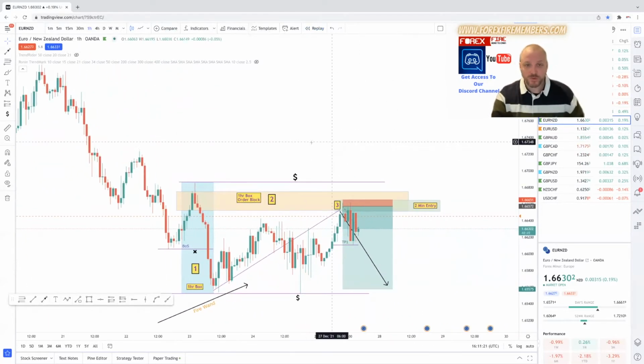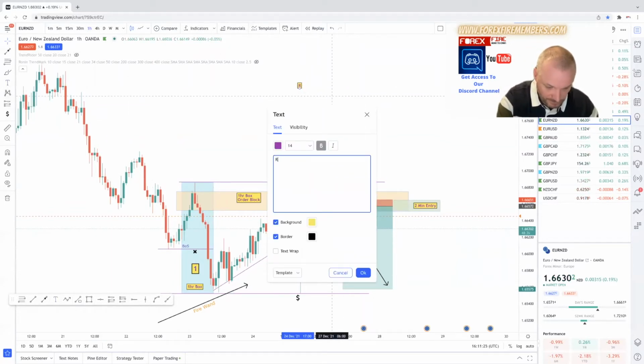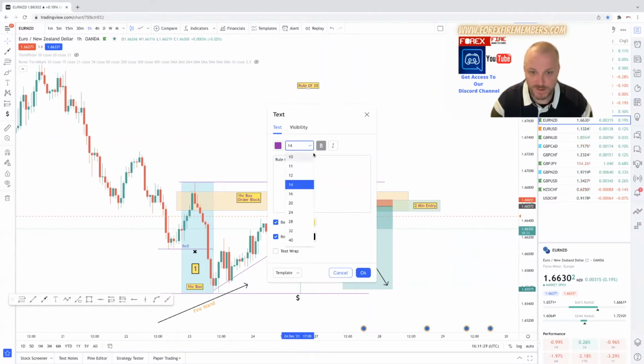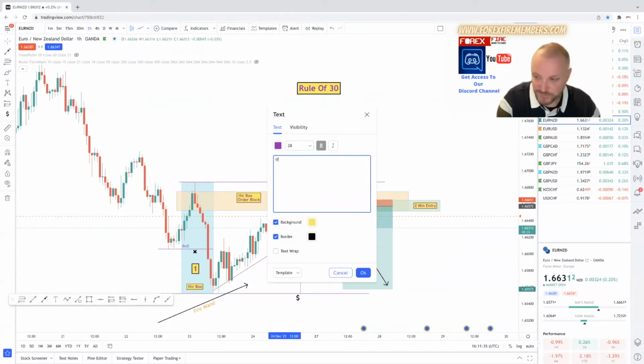When it comes to the rule of 30, make this bigger. So the rule of 30 is basically your time frame.